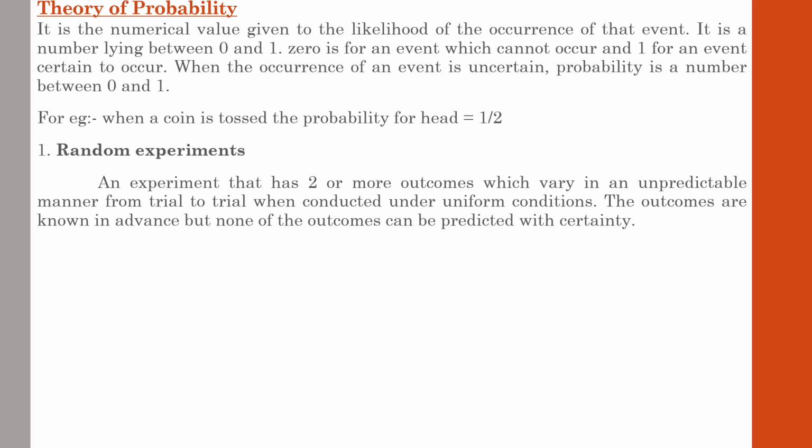After the implementation of that particular experiment, meaning you tossed a coin, the result of that experiment is you either get head or a tail. That is known as the outcome. In case of tossing any single coin in the air, you will have the probability of getting two outcomes, either head or tail. So that particular event is known as a random experiment.